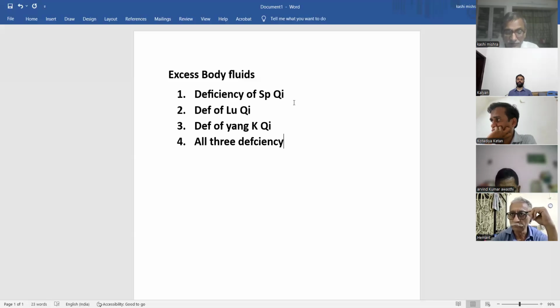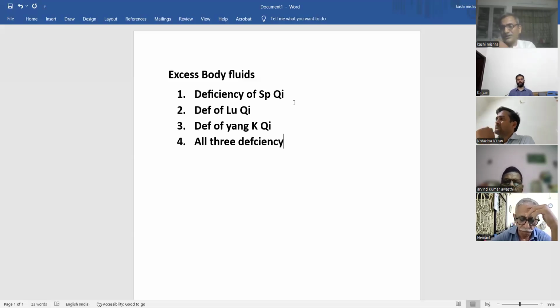Thus, our triple warmer works to maintain a balance of fluids. ट्रिपल वार्मर, हमारा जो तीन वार्मर है, अपर वार्मर, मिडिल वार्मर और लोअर वार्मर, which is here in our trunk, it is continuously doing this.